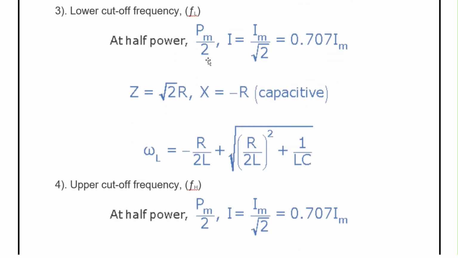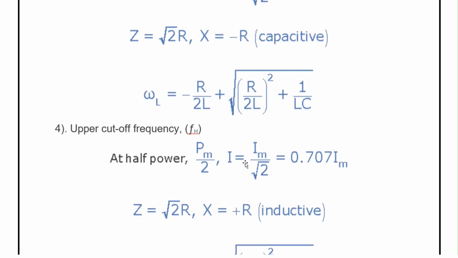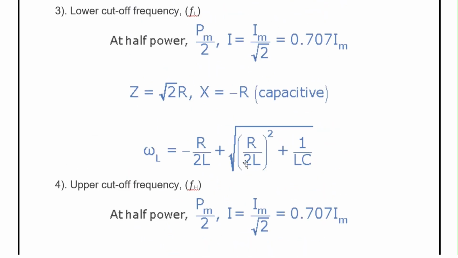At half power, Pm by root 2, I is equal to Im by root 2, that is 0.707 Im, and Z equal to root 2 R, X equal to minus R, capacitive, WL equal to minus R by 2L plus square root of (R by 2L) whole square plus 1 by LC. This can be proved, but it has not been proved here.